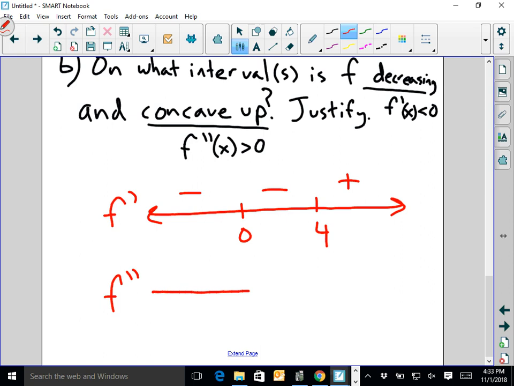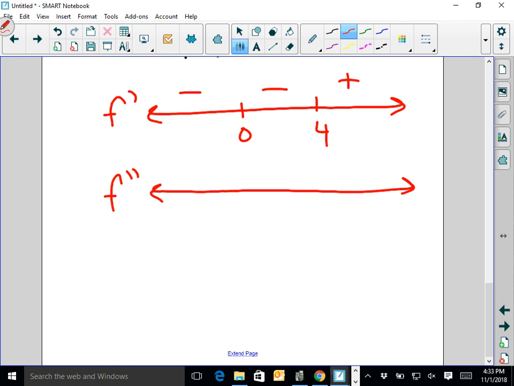In order to make an f double prime number line, I'm going to need to figure out where f double prime is equal to 0 and do some testing here. So I'm going to line it up right underneath it, and then I'm going to do some work here with f double prime. So I'll fill in this line in a little bit. First thing I want to do is figure out what is f double prime of x, figure out when f double prime of x is 0, and then do my sign tests.